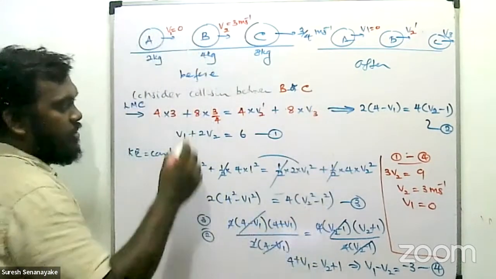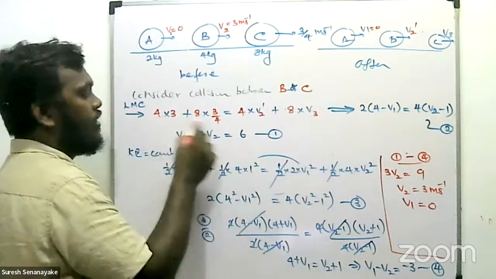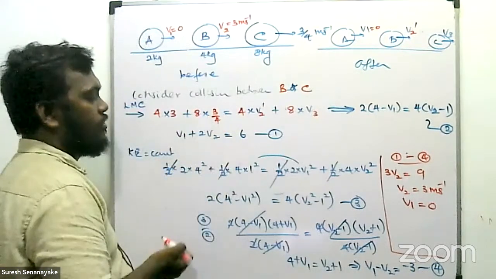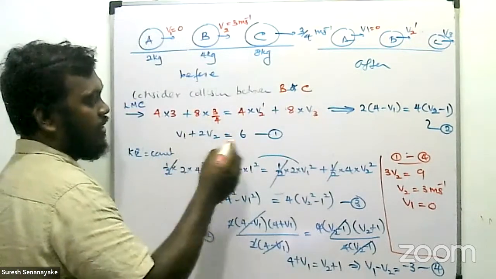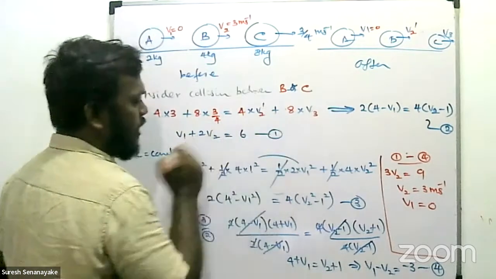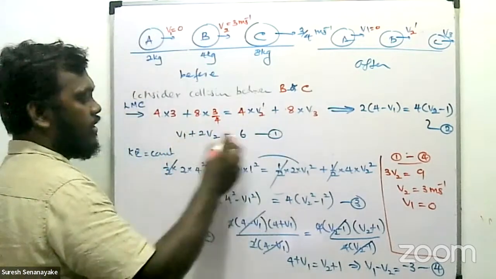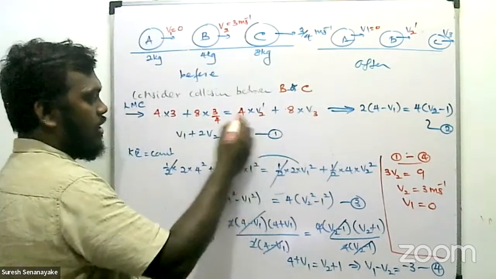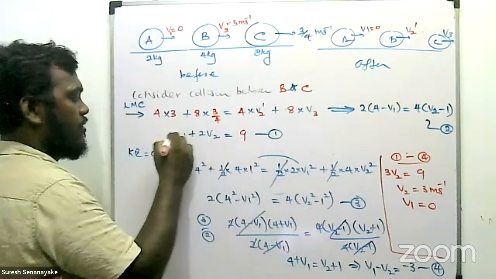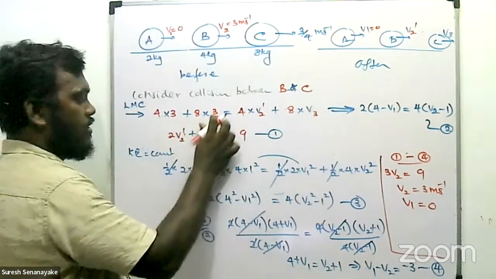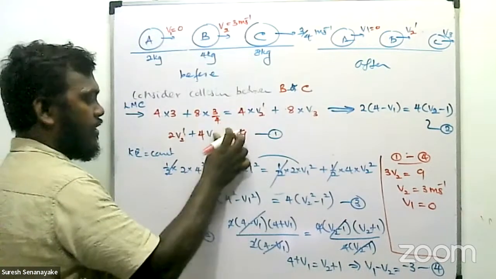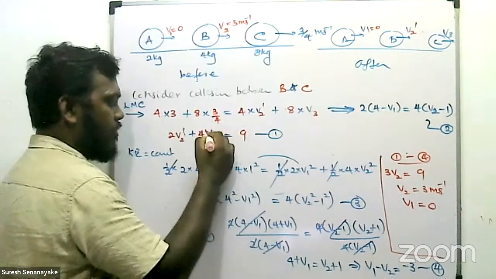So by simplifying this, 12 plus 6 is 18, and 18 divided by 2 is 9, and this is 2v2 dash, and this is 4v3.